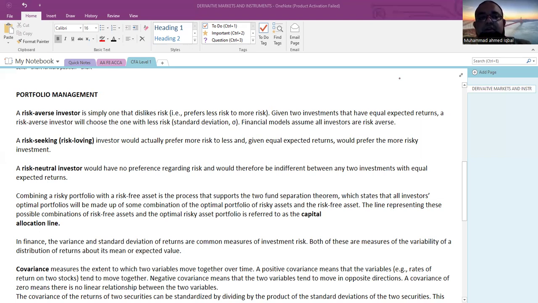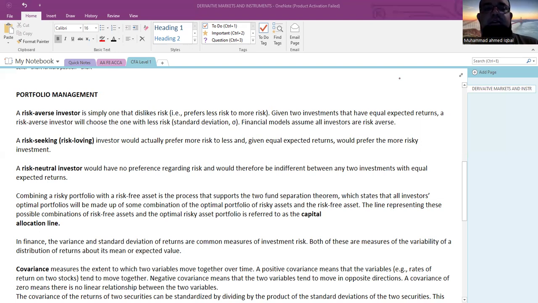And the risk neutral investors, they don't have any preference regarding risk. They invest regardless of their risk categories. They go for the neutral returns, the normalized returns.